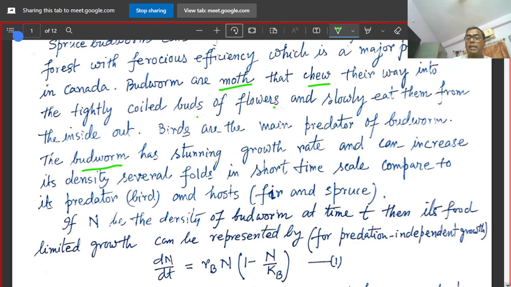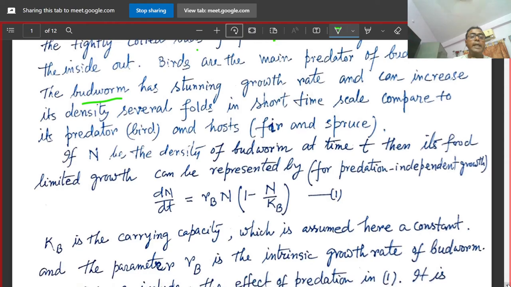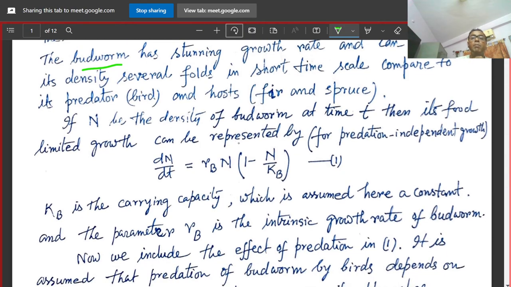Now let us suppose N is the density of budworm at time t, and then its food limited growth can be represented by a predation independent growth model.